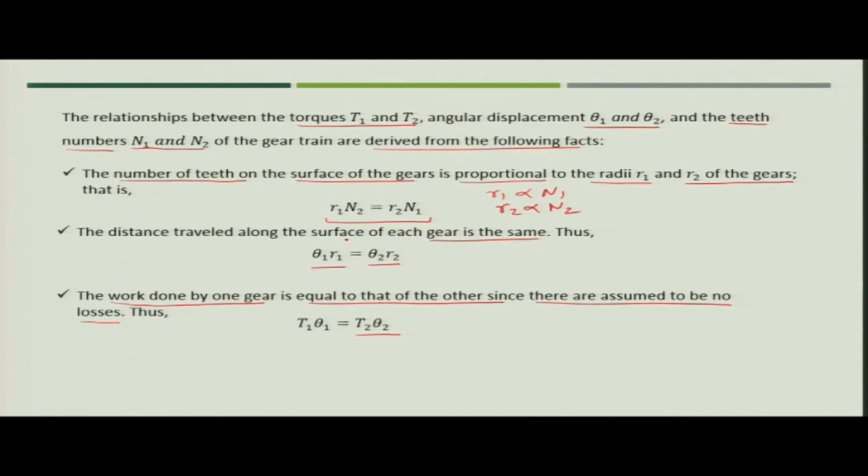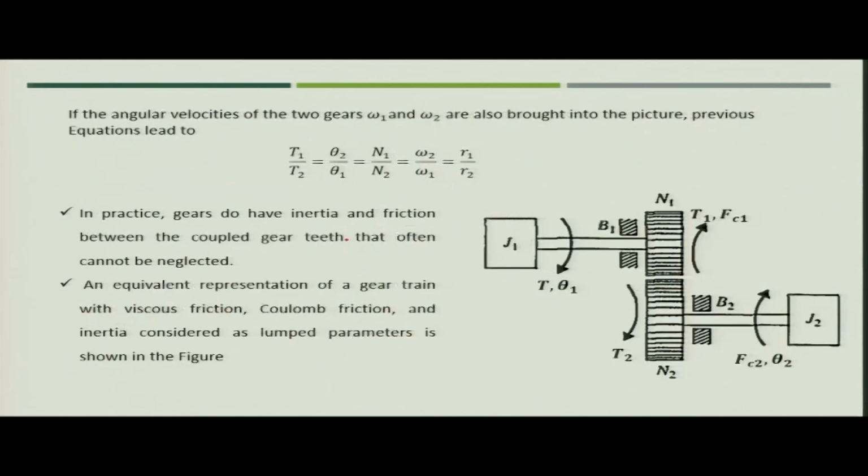So, using these three correlations, we can write that T1 upon T2 is equal to theta 2 by theta 1, equal to N1 by N2, equal to omega 2 by omega 1, and equal to R1 by R2. So, this is the most important correlation which we use in a gear system to correlate the various parameters from one side to the other side.